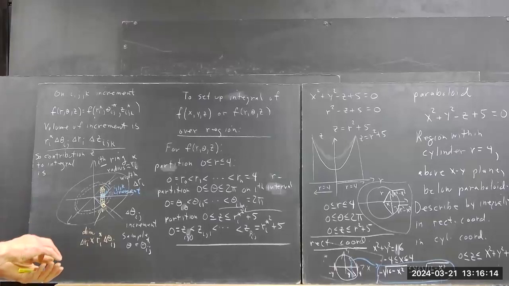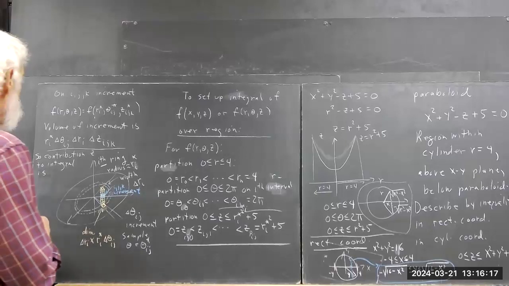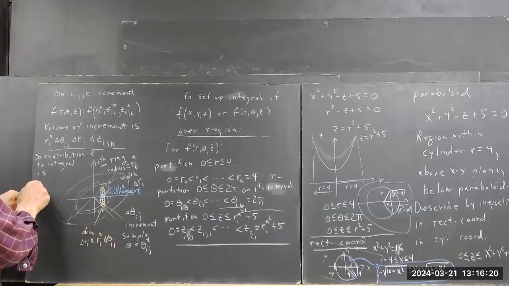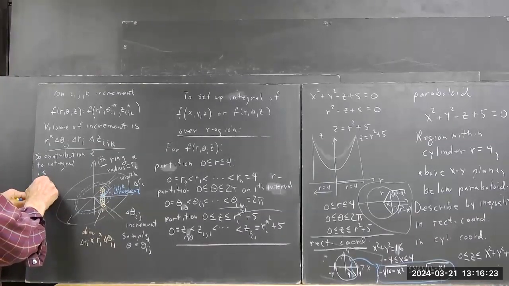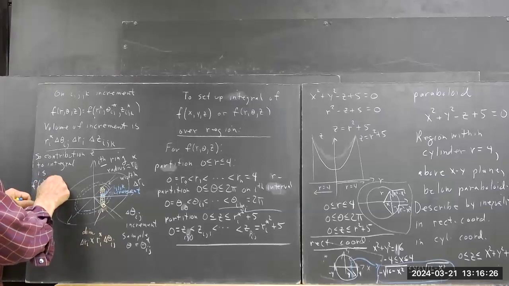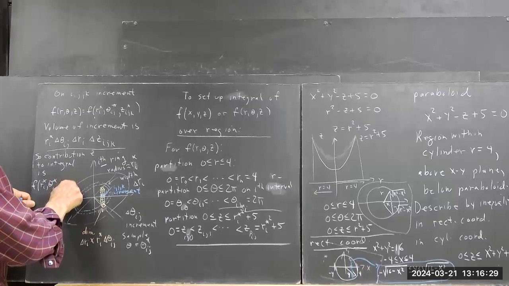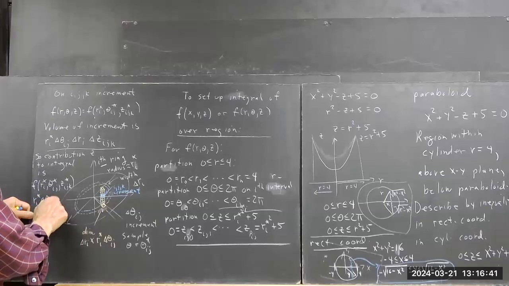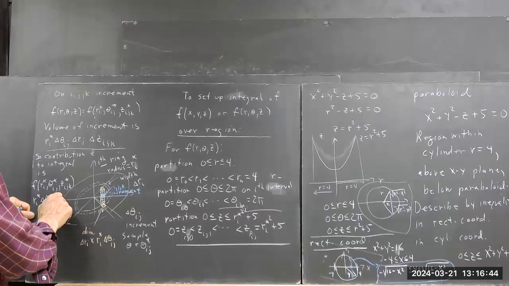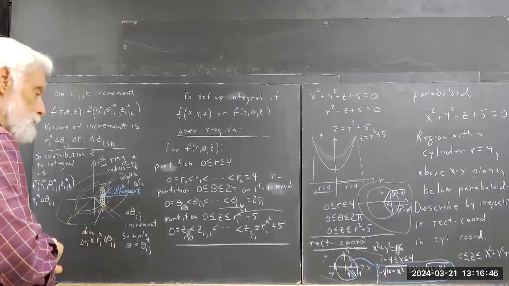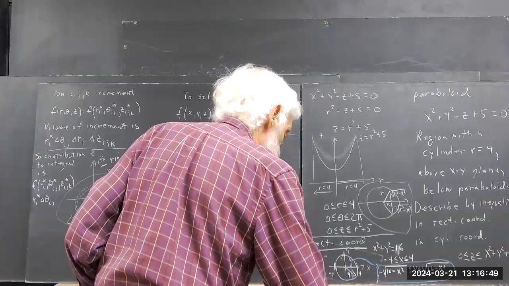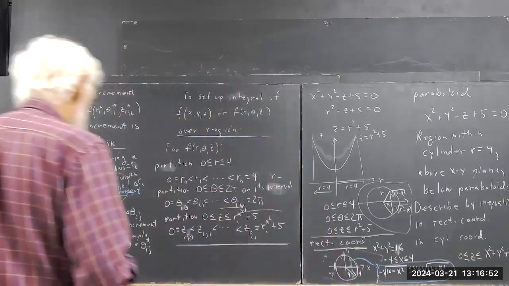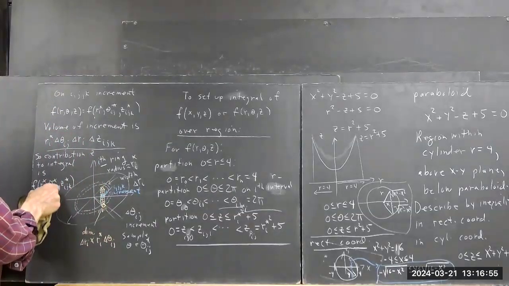Okay, contribution to the integral is what? It's just f of r_i star, theta_ij star, z_ijk star, times r_i star delta theta_ij delta z delta r.